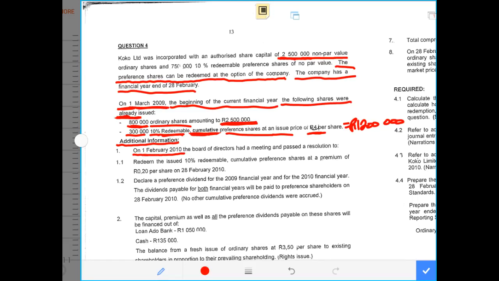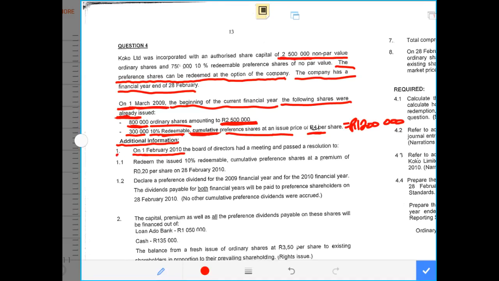And when it comes to preference shares, let me emphasize this. When it comes to preference shares, dates are very important because your answers can be incorrect because of not taking into account the date of the occurrence of the transactions.